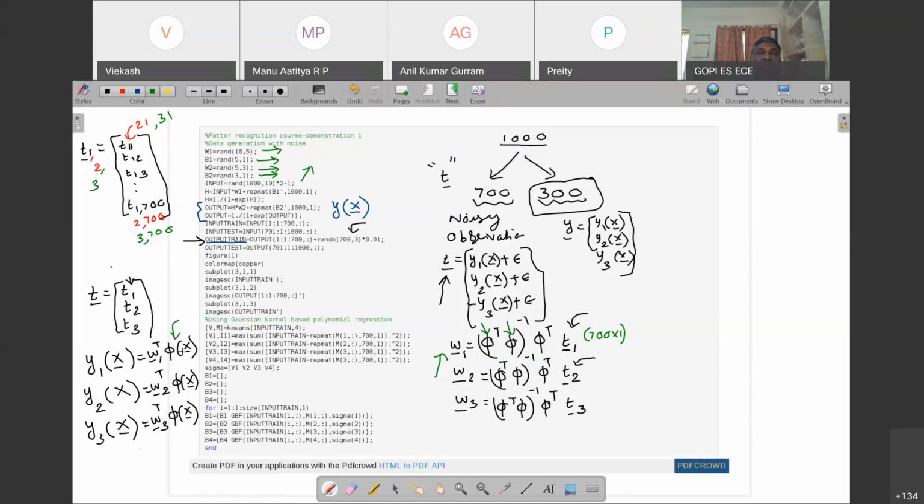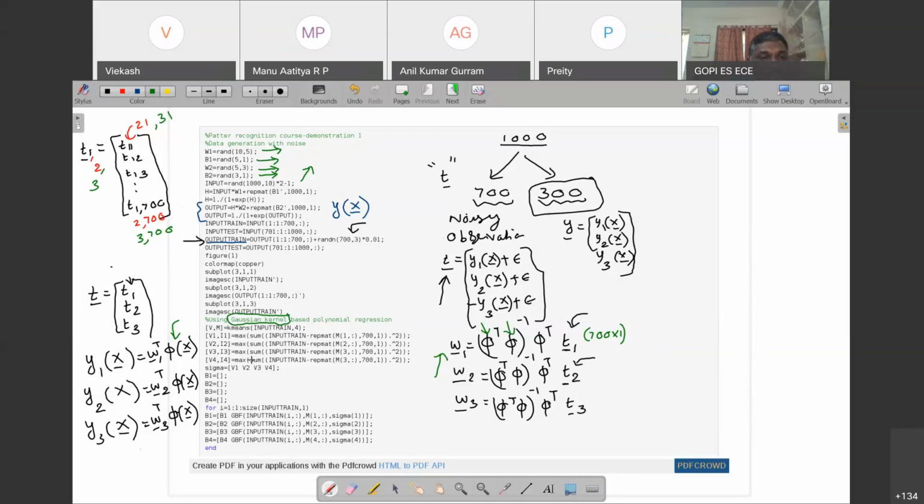So it depends upon the number of basis functions you are going to use, how many basis functions you are going to use, and what basis function you are choosing. Here you are using the Gaussian kernel based function.